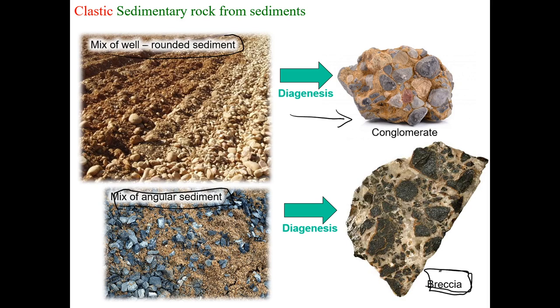And the reason is that conglomerates and breccias form under different environments. So we give them different names based on whether those cobbles are nice and rounded or if they're angular. See how the actual cobbles here are more angular compared to these ones, which are more well-rounded.